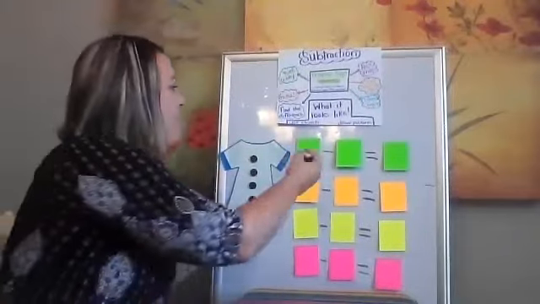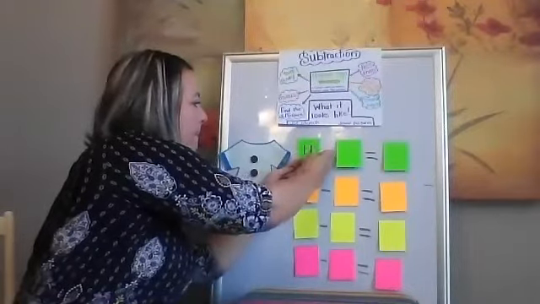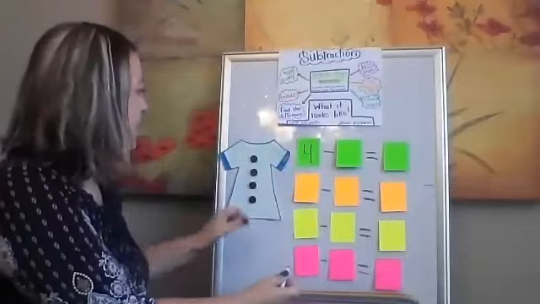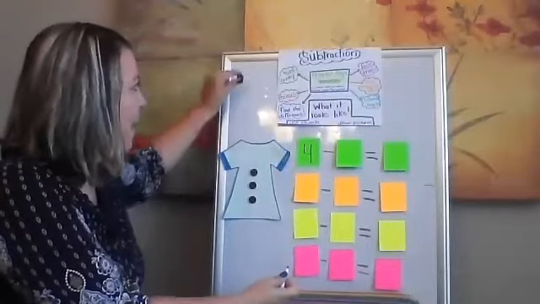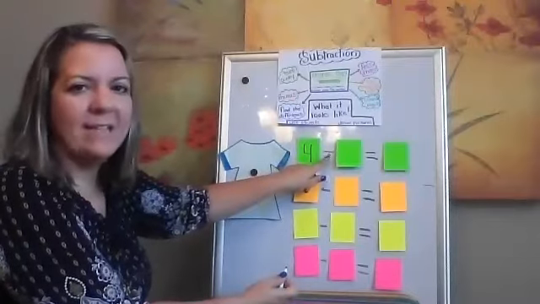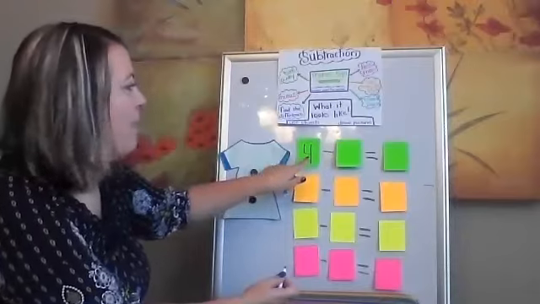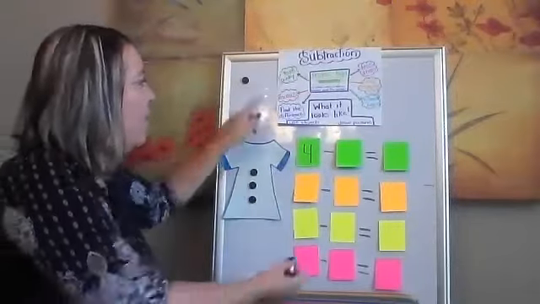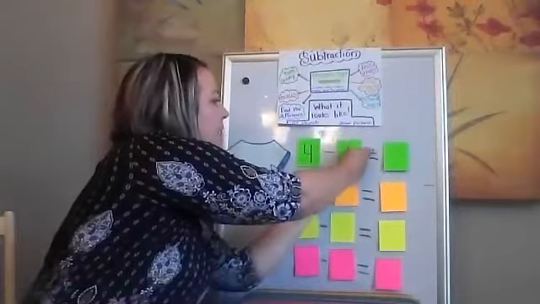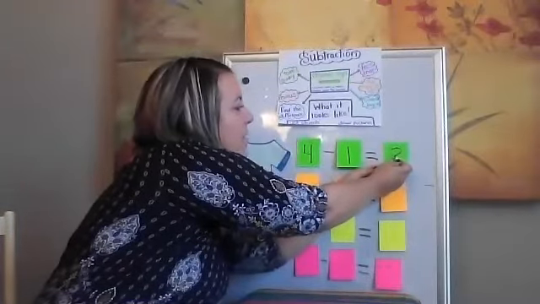Pete the Cat had 4 groovy buttons. And 1 button popped off. Pop. 4, and then we can say take away or minus or subtract. 4 take away 1 button equals 3 buttons left.